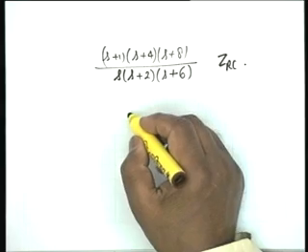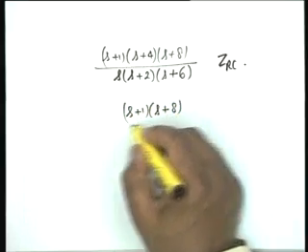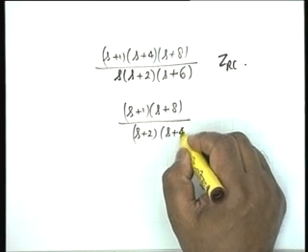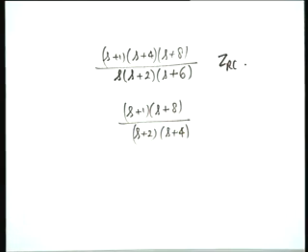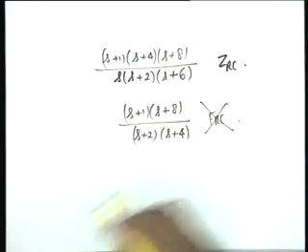Let us take the next one, (S plus 1)(S plus 8) divided by (S plus 2)(S plus 4). Can it be an RC immittance function? No, why not? Poles and zeros do not alternate, and therefore this is not an RC function.